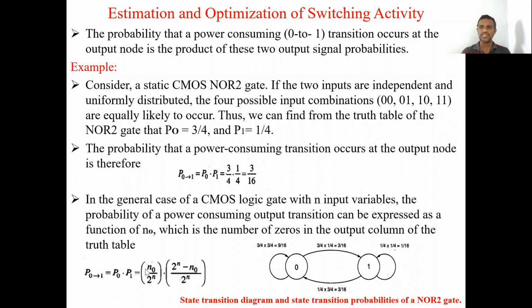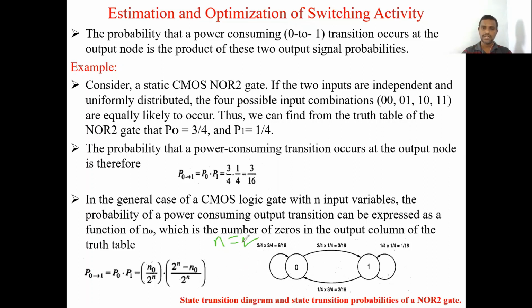As we increase the number of inputs n, the probability of power consuming transition will be reduced, because we have only one region here. Previously we took n is equal to 2.